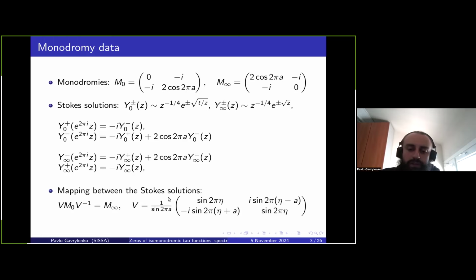And technically, this matrix conjugates M0 to M infinity. And so such a matrix is defined up to one parameter, and this parameter precisely describes this relative position of solutions at 0 and at infinity. Are there any questions about this?